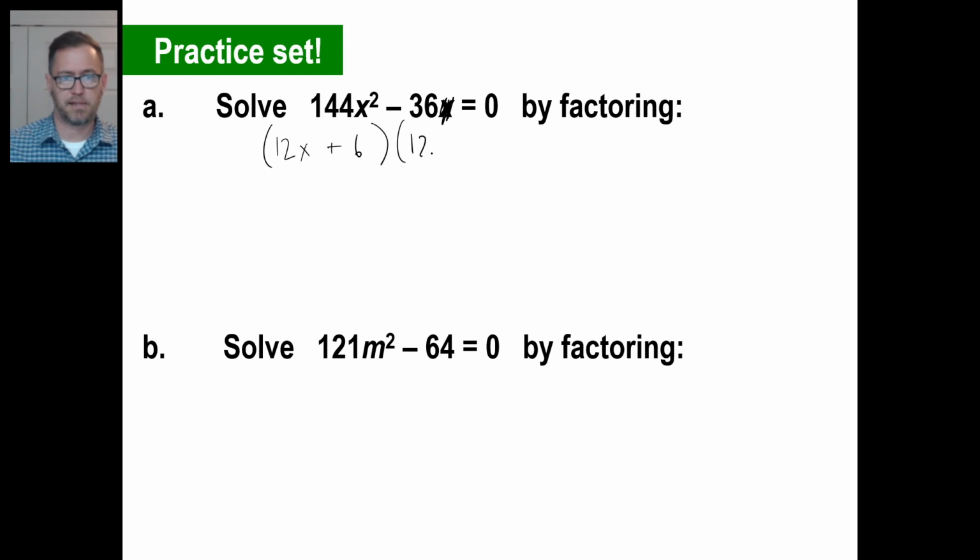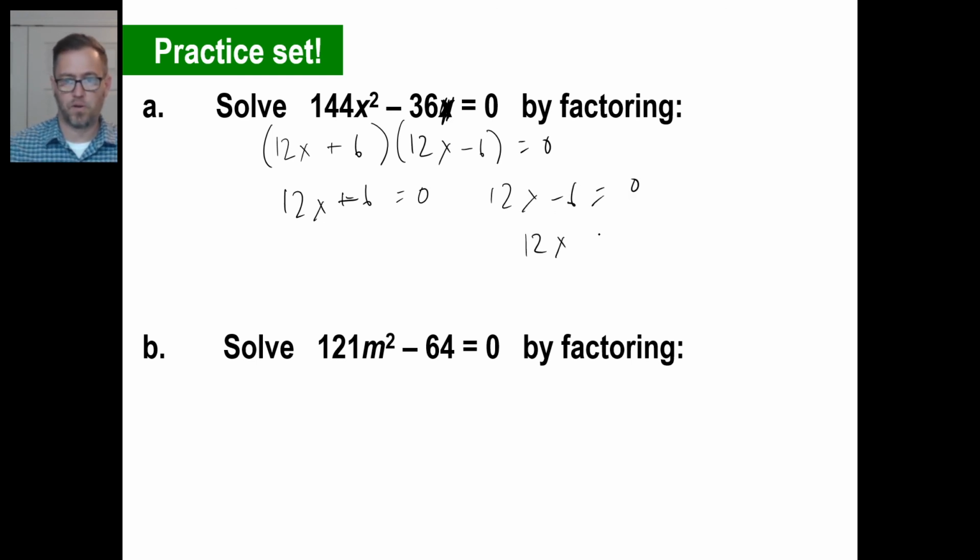So these are two equations, 12x plus 6 equals 0, 12x minus 6 equals 0. And again, you can just do one of these and go 12x is equal to 6. X is equal to 6 over 12, which is just 1/2. And of course, the other one is going to be negative 1/2. There you go. Okay, pause it and try B.